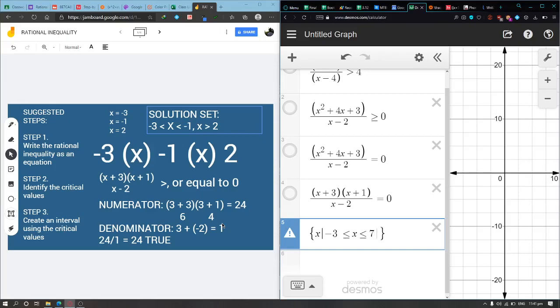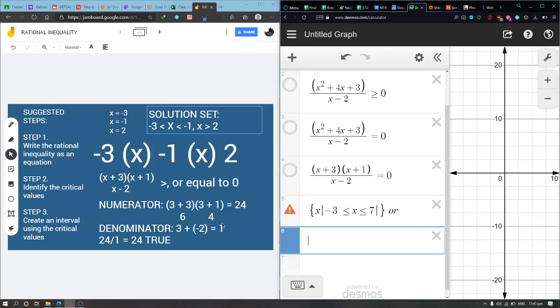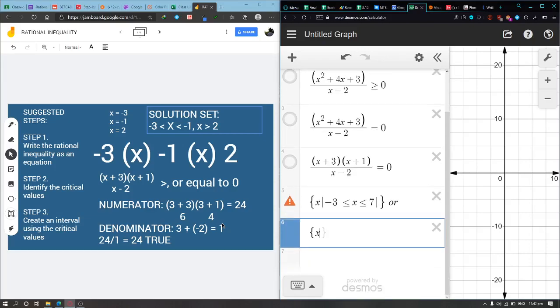Then besides that, or, x is wherein x is greater than 2. Sure, what about 2?